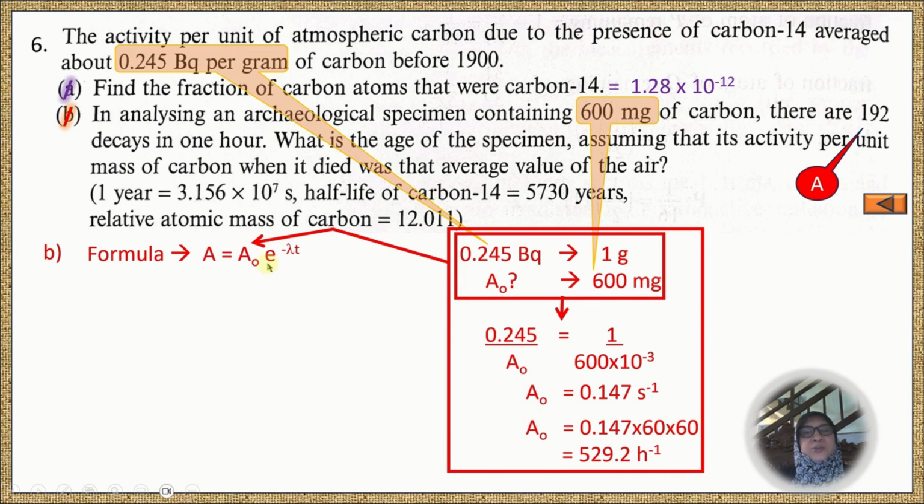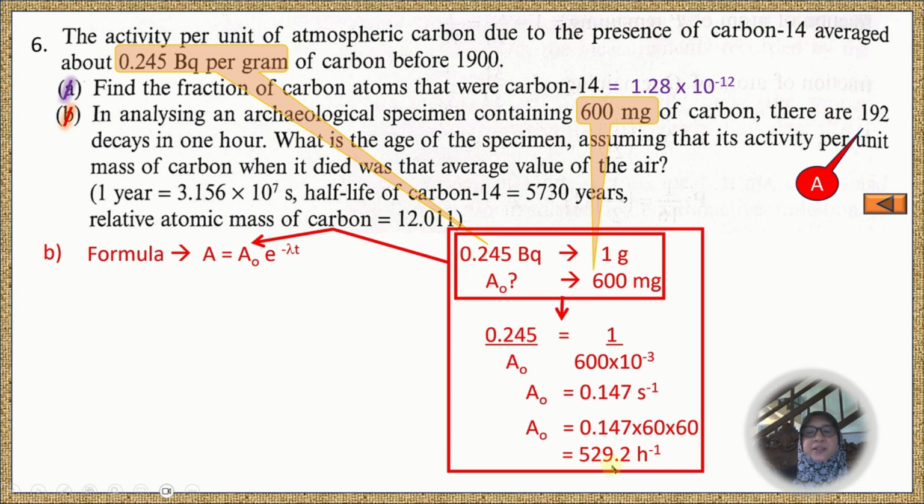To substitute, we need to use 192 decays in 1 hour, so we convert to hours first. This one is in seconds, and we are going to make use of 192 decays in 1 hour later. So we convert 0.147 per second to hours by multiplying by 60 minutes times 60 seconds.